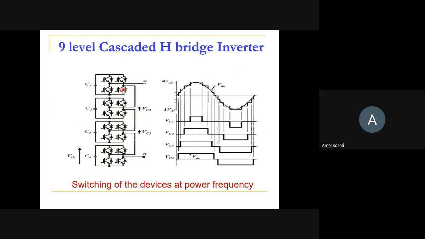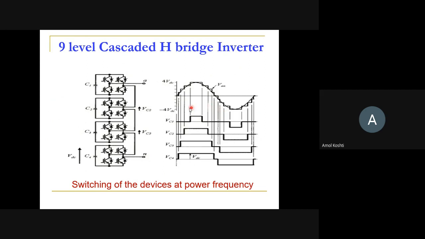Then we go in descending order. After 4 VDC, we get 3 VDC, then 2 VDC, then only VDC, then 0. After 0, again we go with minus VDC, minus 2 VDC, minus 3 VDC, and minus 4 VDC.